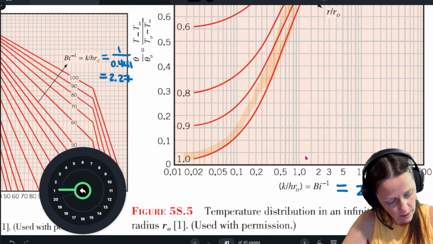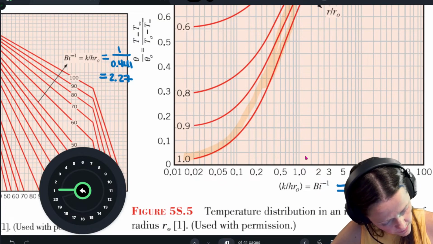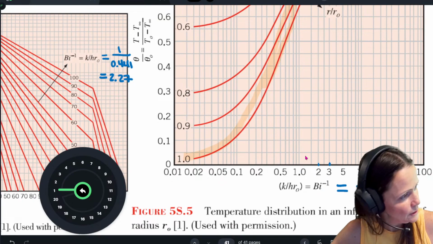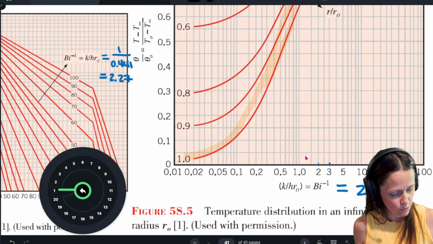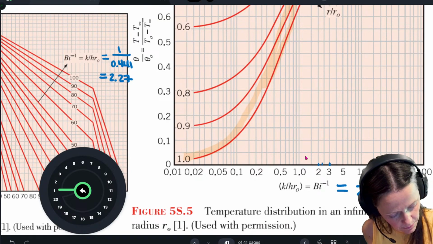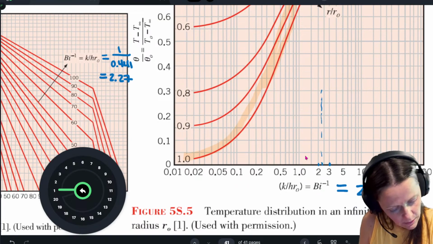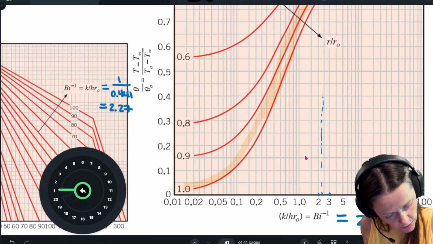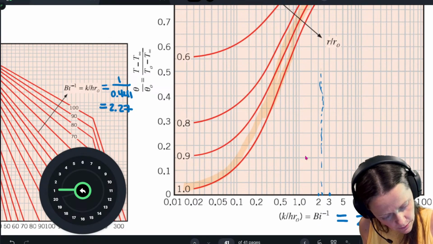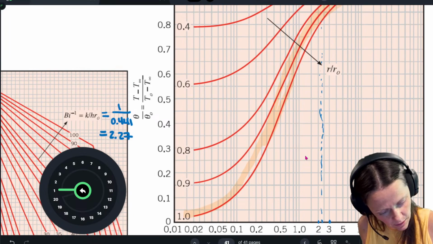All right, so this is 2, that's 3. Right there in the middle is 2.45, so it's a little bit to the left of this. I wish I had the ability to draw a straight line, but apparently I do not.